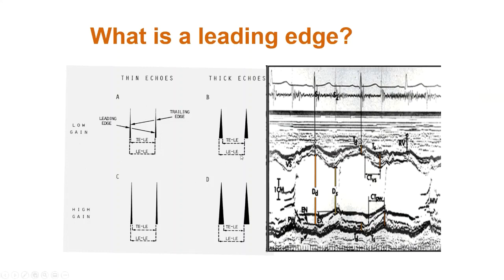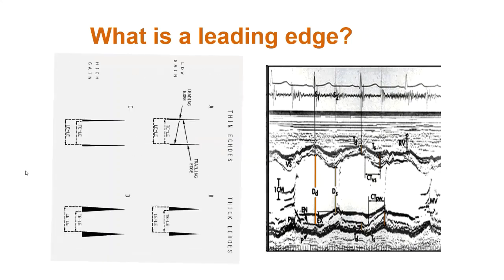And in this diagram here, you can see structures such as the interventricular septum, and let's just turn this diagram on its side. Let's say we're dealing with the interventricular septum here and the posterior wall here. So this is representing the septal echo, and let's say this is reflecting the endocardial echo of the posterior wall.